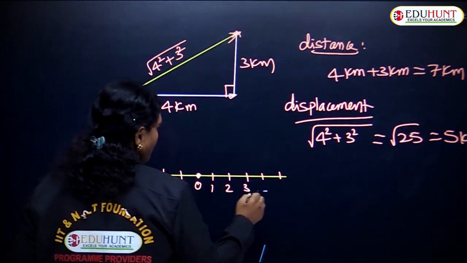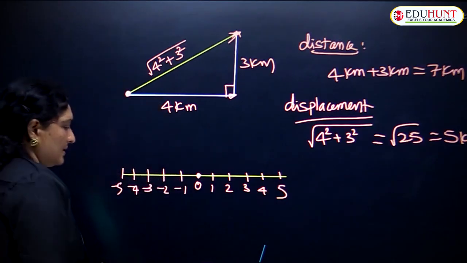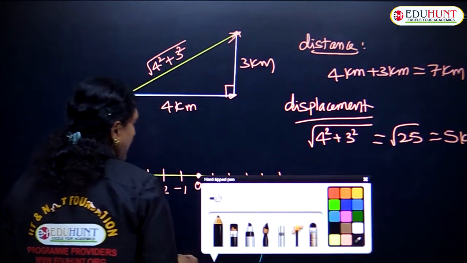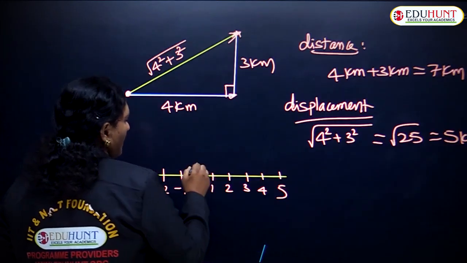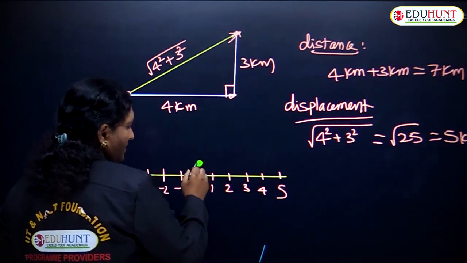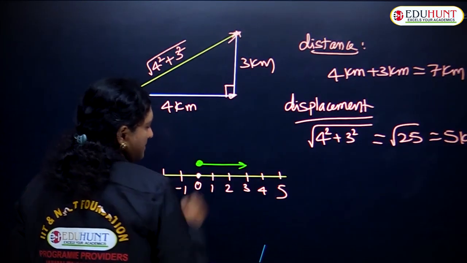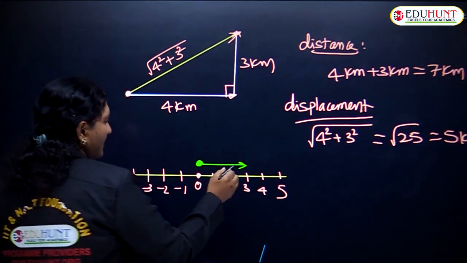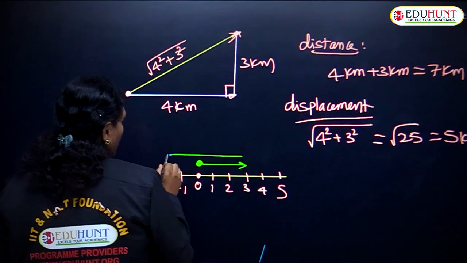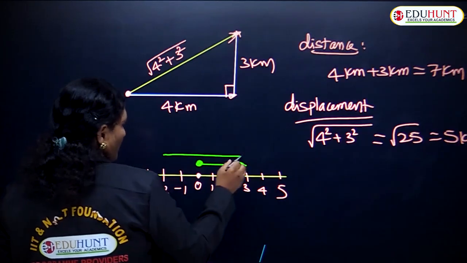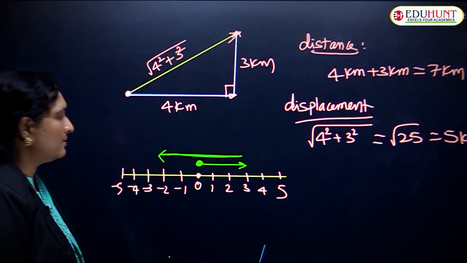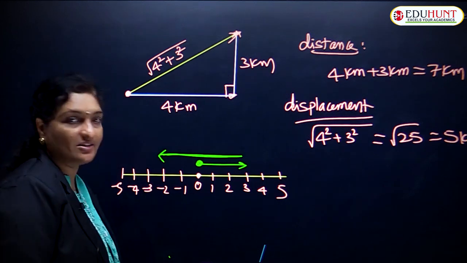Let us suppose that a person has covered a distance of 3 kilometers towards east and again has covered 5 kilometers back. Then what is the total distance covered, children?